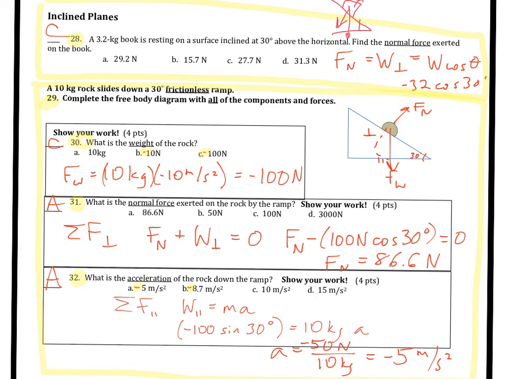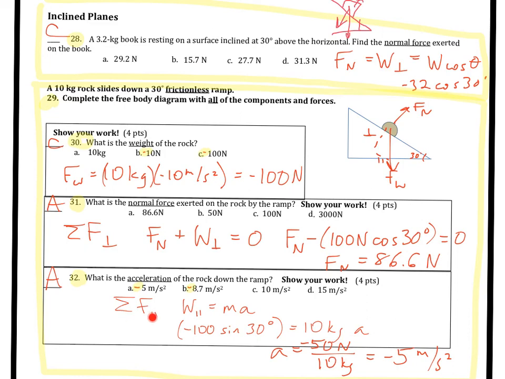No friction. Okay, weight of the rock is going to be mass times gravity. Then the net force in the perpendicular will include, as always, normal force and perpendicular component equal to 0 because there's no perpendicular motion. We put in W cosine theta for the perpendicular component of weight and get an answer.